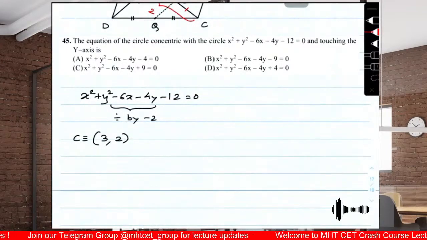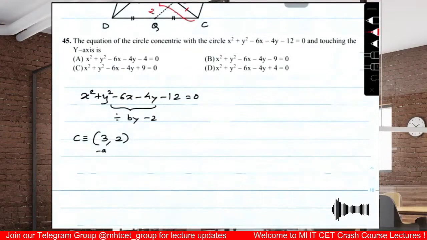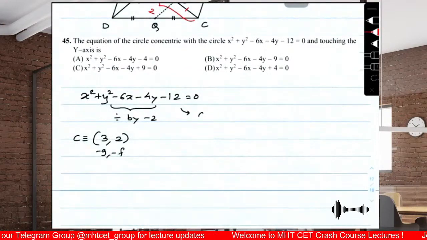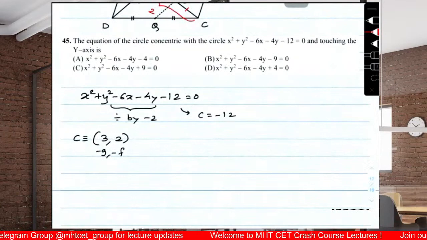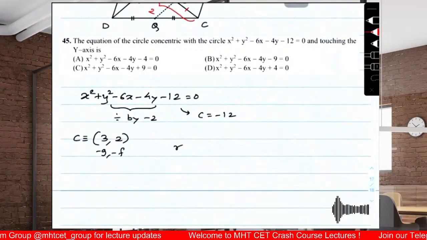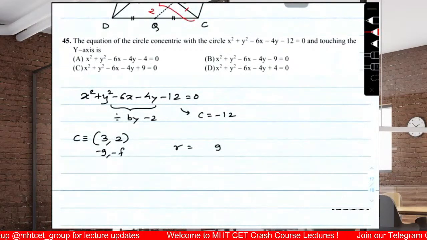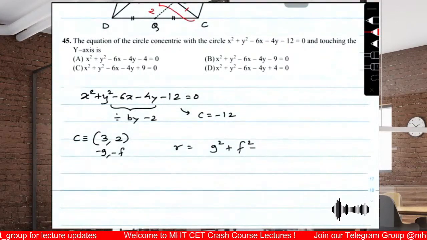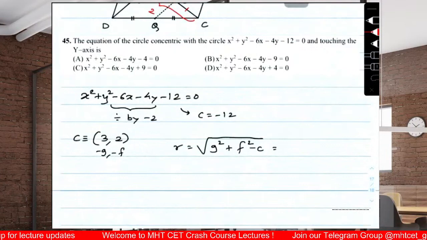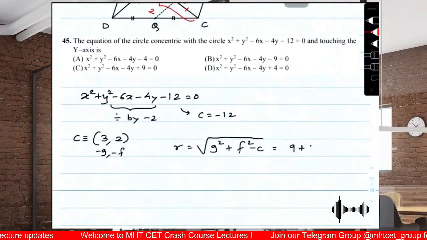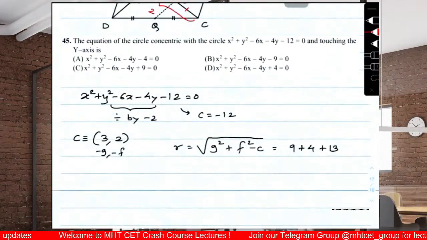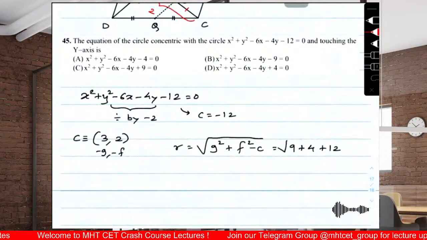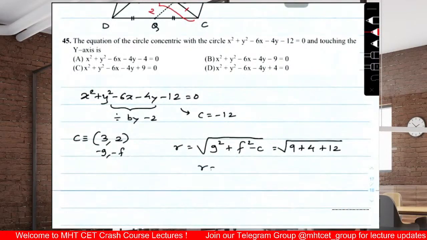Okay. And you know that these are the values of -G and -F. और C की जो वैल्यू है it is -12. Okay. So radius is G square plus F square minus C under root. So G square is 9 plus F square is 4 minus of minus 12 is plus 12 under root, that is 5.